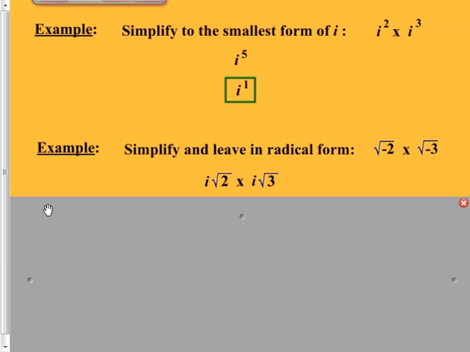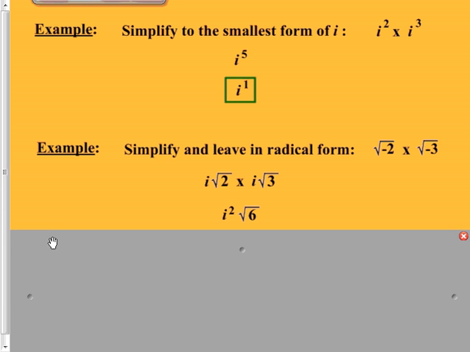Now when we combine them, we're going to get i times i, which will be i squared, because we add up the exponents, and square root of 2 times square root of 3 is square root of 6. Now we're going to be stuck with square root of 6. It does not factor down into anything but 2 times 3. There's no pairs underneath there, so we're not going to be able to simplify it out.